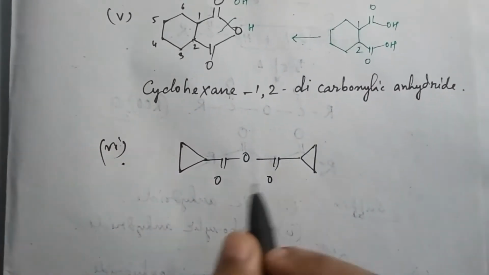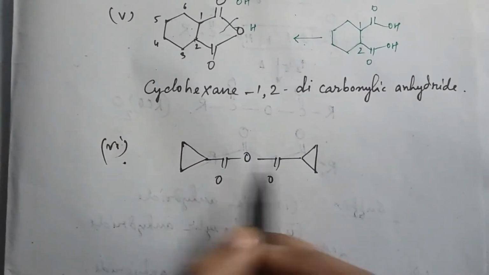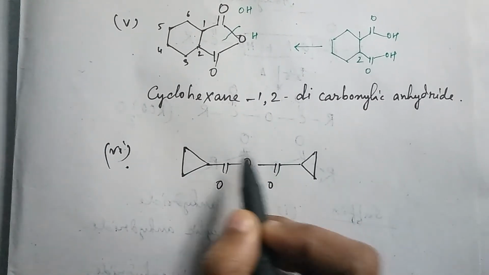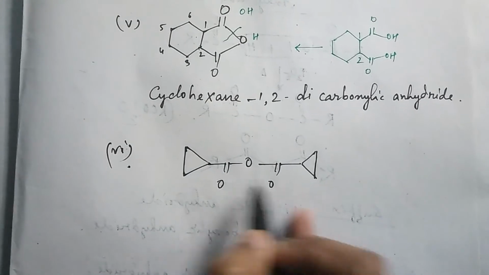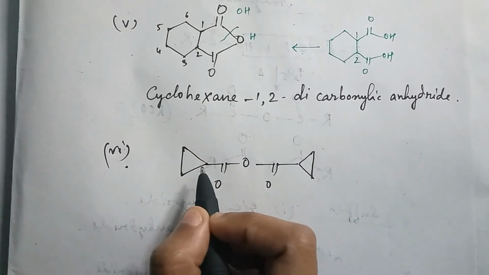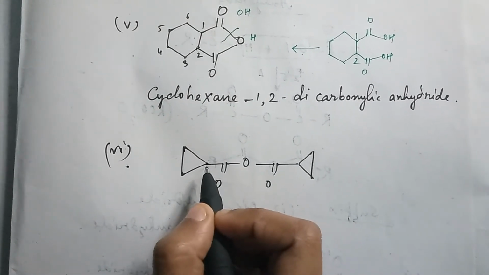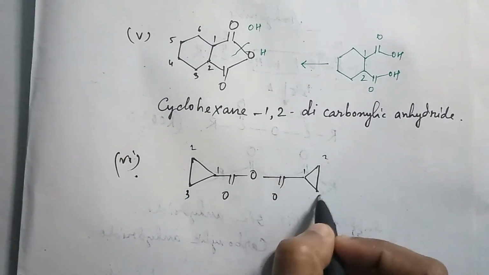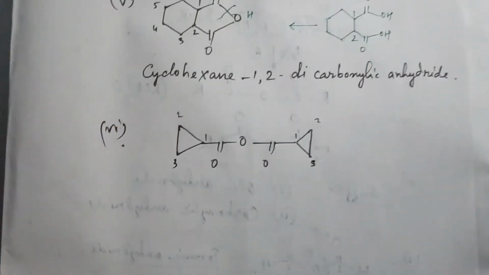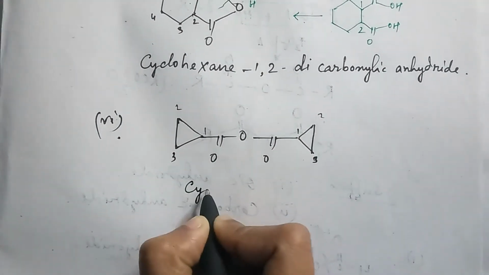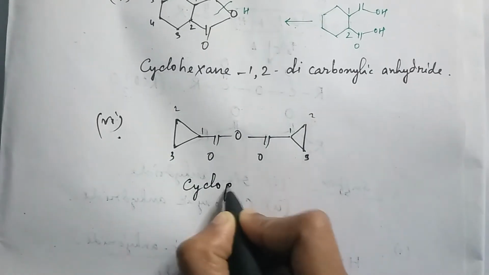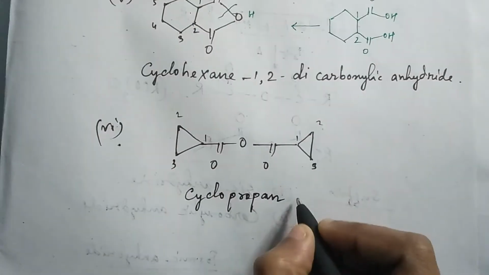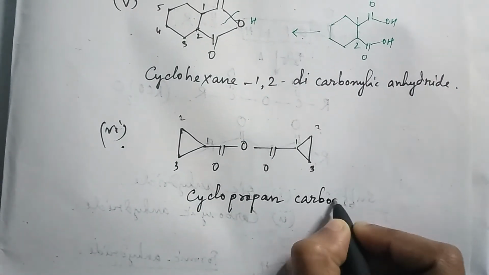Now you just see here cyclic groups are present, and in between these two cyclic groups the anhydride group is present, right? So in this cyclic portion 3 carbon atoms are present, right? 1, 2 and 3. Here also 1, 2, 3. So we can write it cyclopropane, then carboxylic anhydride.